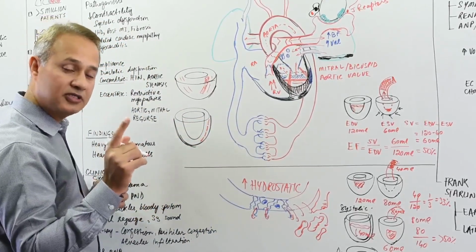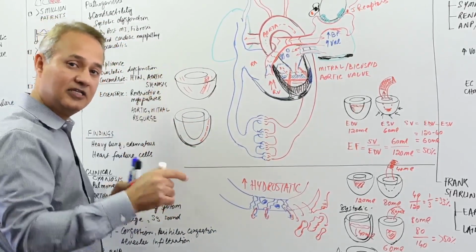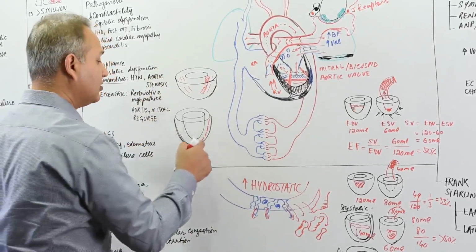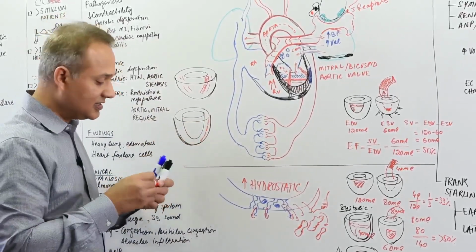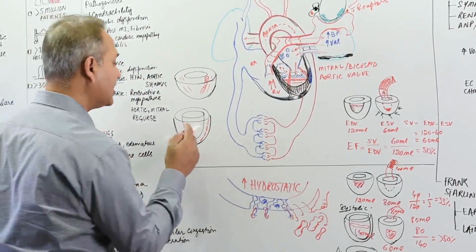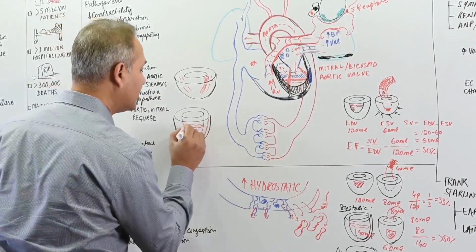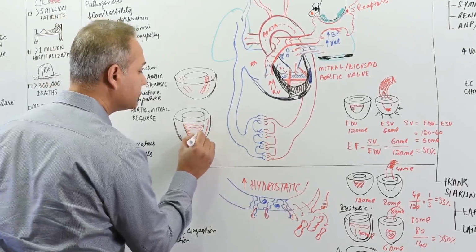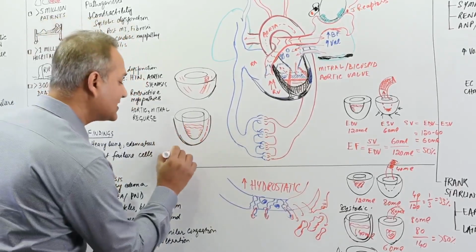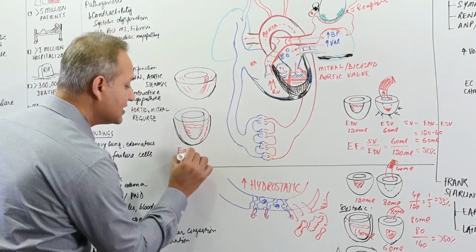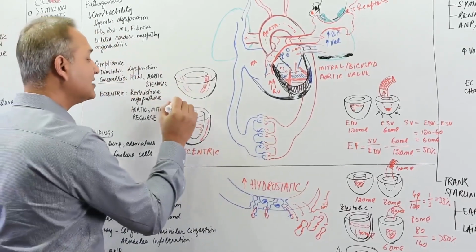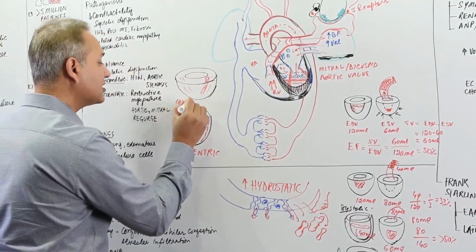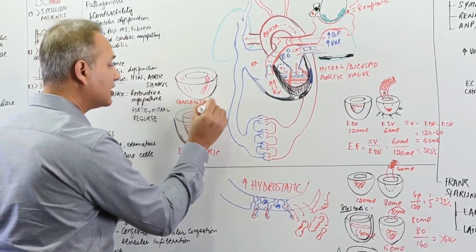And why is there this increased length? This is really to accommodate a higher volume of blood, and this is called eccentric hypertrophy. This is concentric hypertrophy.